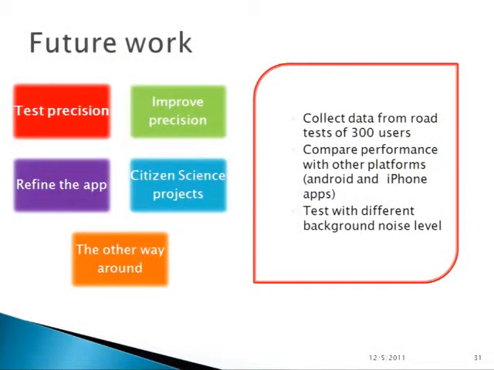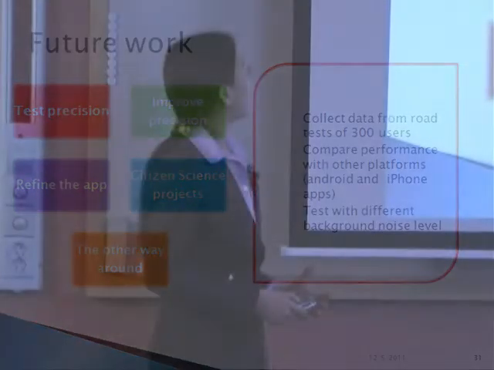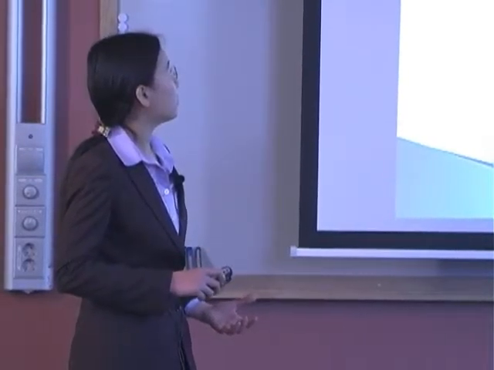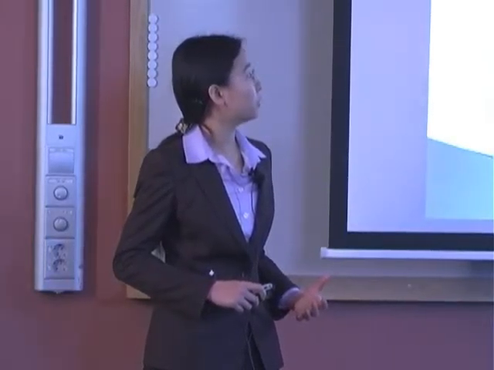So for some future work, we can see there are 5 things that we also need to do. First, we want to test the precision because currently we just have the prediction result from the cross-validation simulation. So we want to test them on real users, and our aim is 300.